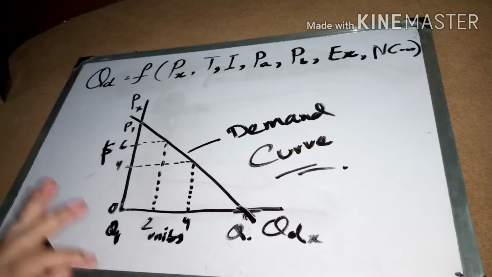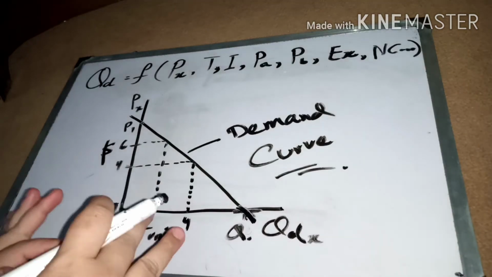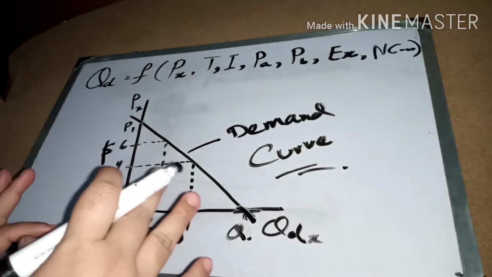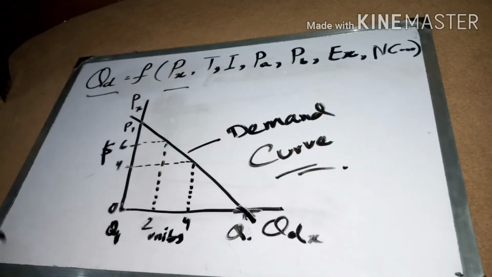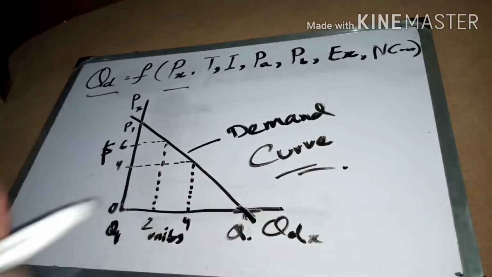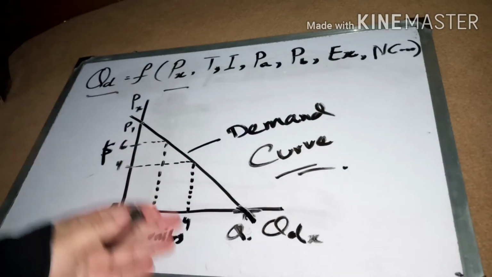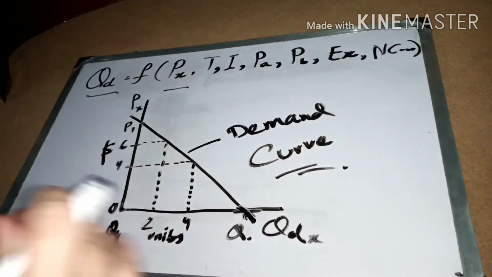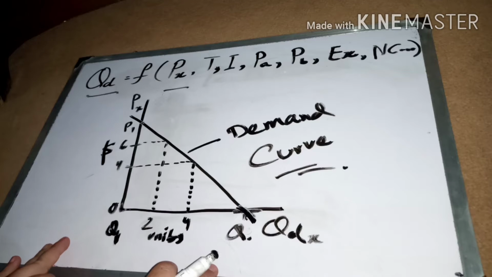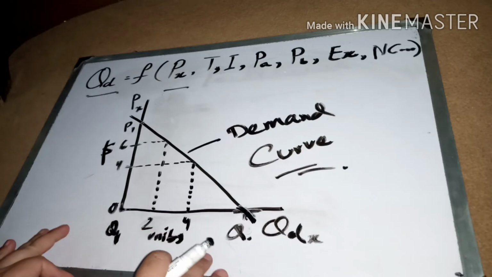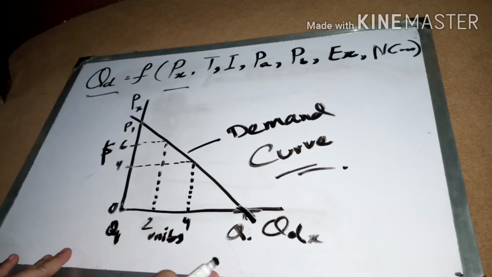You might be wondering that I have been talking so much about the price and the quantity demanded, so what about the other factors which are not mentioned in this graph? Let me clear one thing: we have studied the demand and price functional relationship, and the definition of demand.